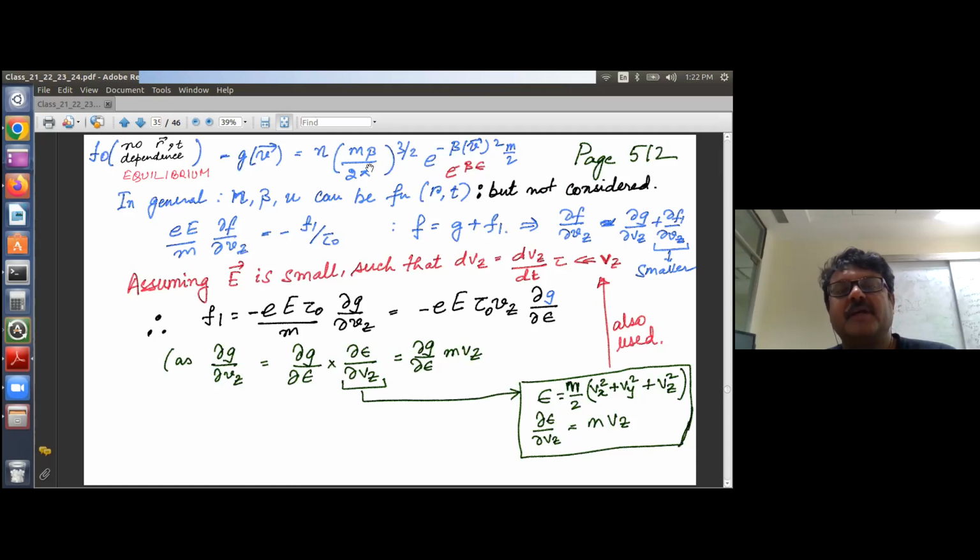Beta is 1 by kBT. So this beta will contribute a kBT in the denominator, 2 pi, into e to the power minus beta times (vx square plus vy square plus vz square) times m by 2. And this quantity can also be written as e to the power minus beta E, which you know from your statistical mechanics, right? Now, note in the energy, we are not considering the potential energy.